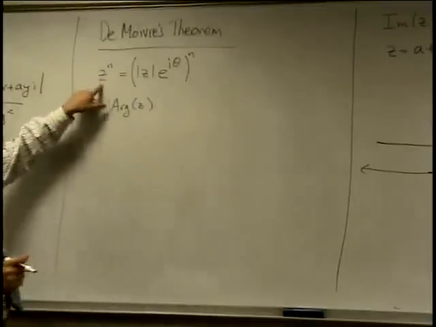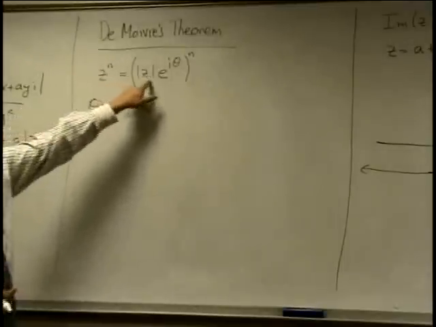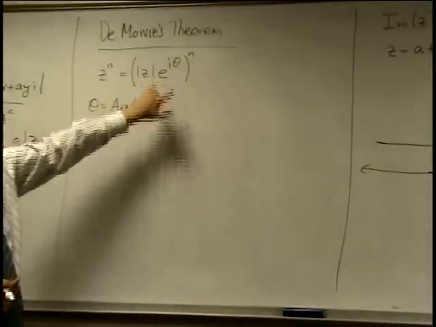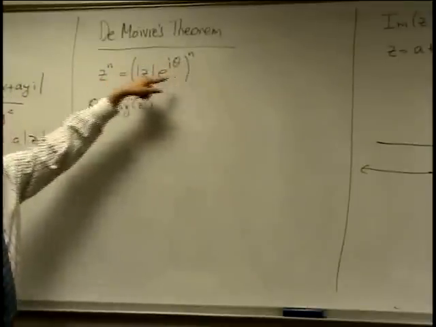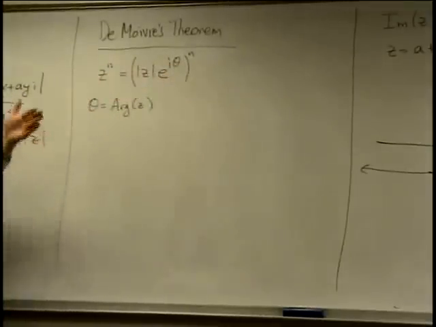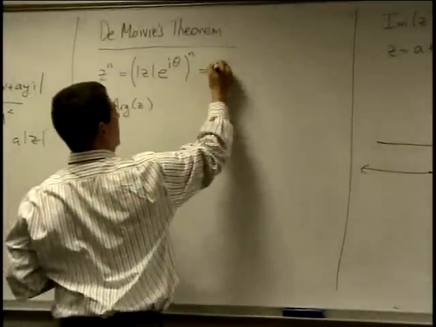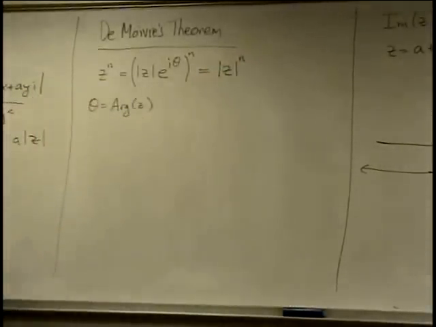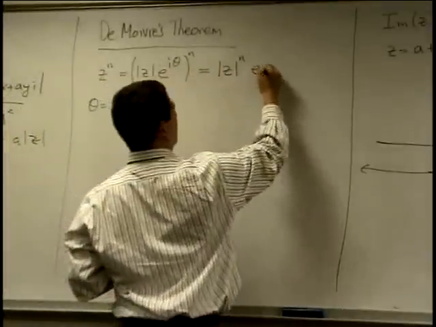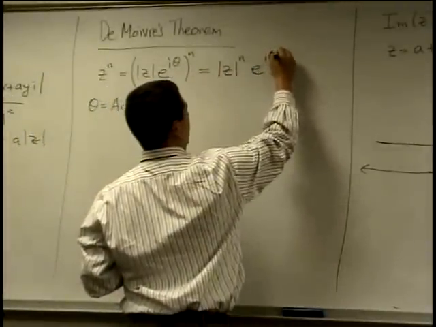So we can write our z to the n in this way by just converting to polar form. And then of course it's very easy to do this, right? You just put the n in. So you get the magnitude of z to the n, and then e to the i theta n.